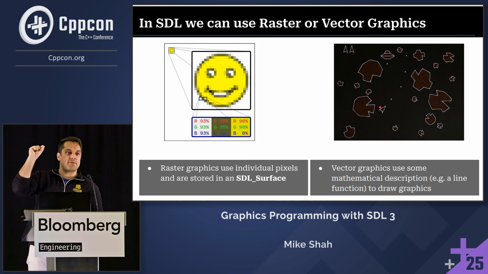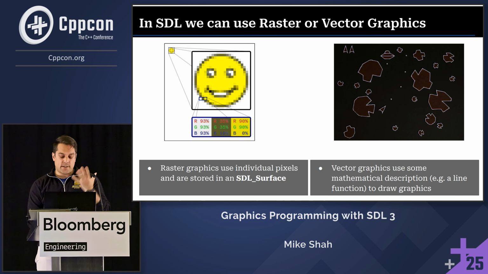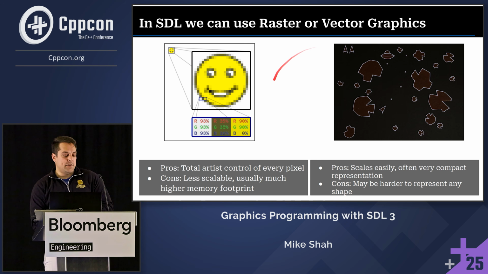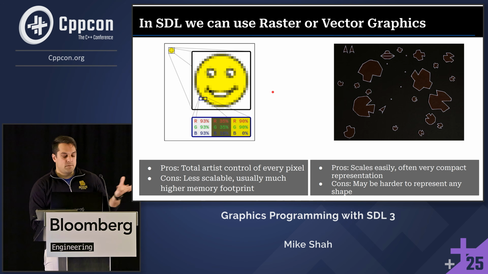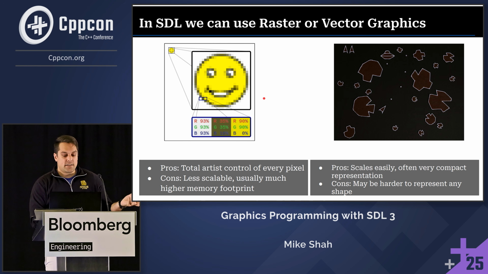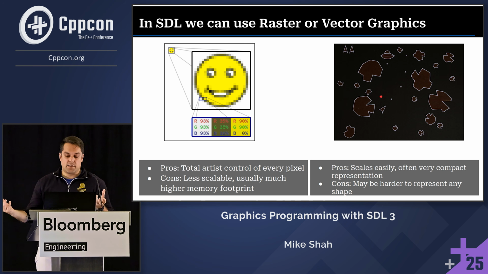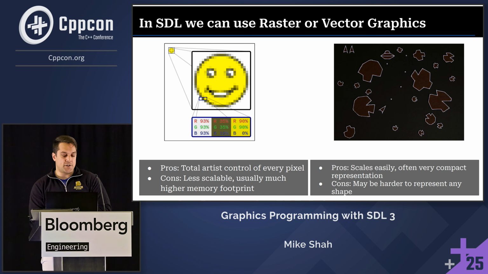Okay, a line starts from here and ends at this point here. So that's a difference. SDL supports both. They have sort of trade-offs depending on how you want to draw your graphics. Right, so on the left side, the artist painted every pixel at exactly this size, but you probably can't scale it so much. On the right side, maybe not as expressive, but a more compact representation of what you're trying to draw.